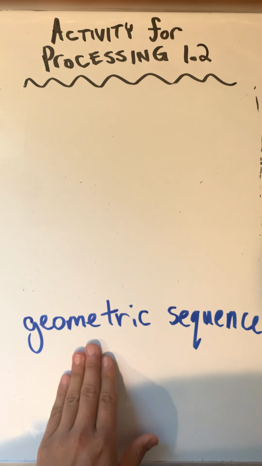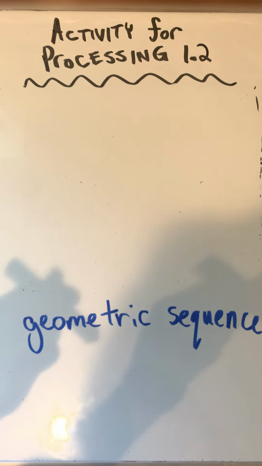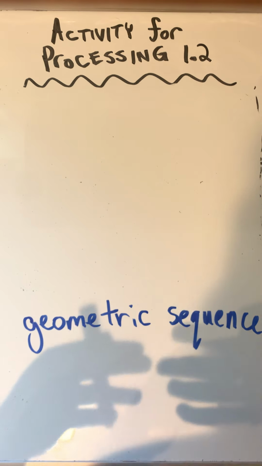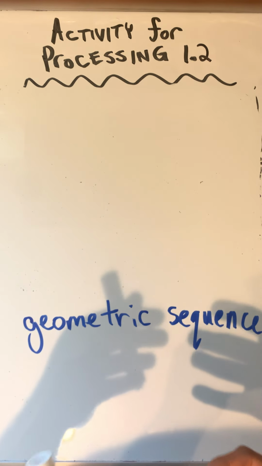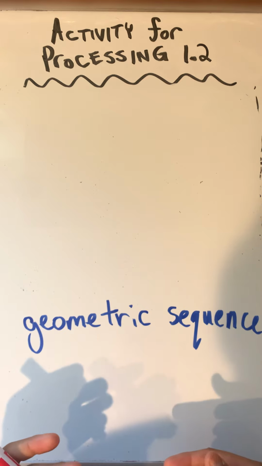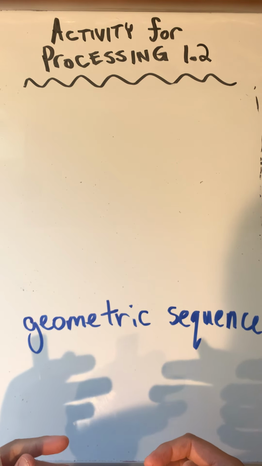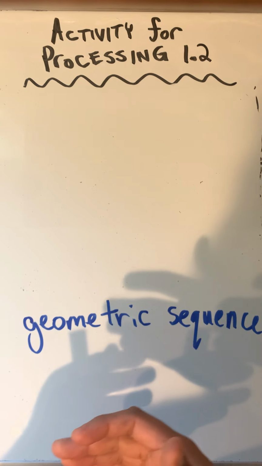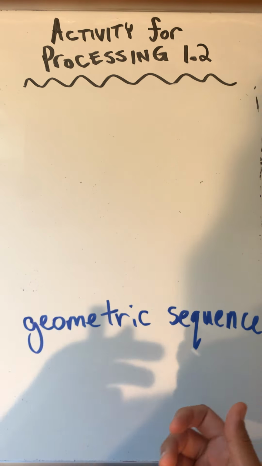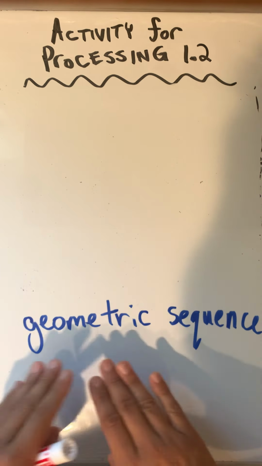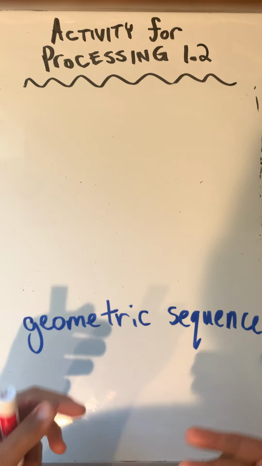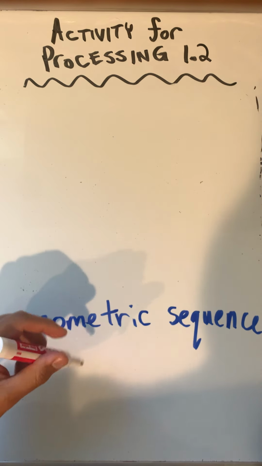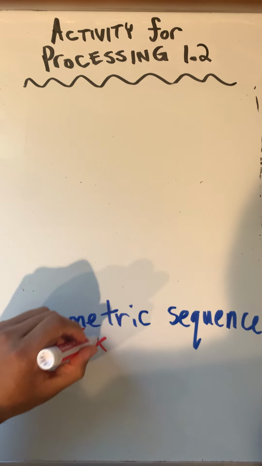Okay, now geometric sequence. Now we're going into different types of sequences. Last time we looked at the idea of sequences that can grow by one of two operations, multiplication or addition. A geometric sequence is a specific type of sequence that actually uses multiplication.